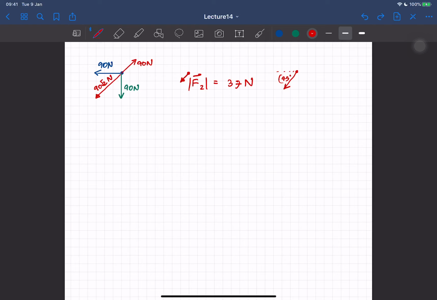You can answer it this way, or you can answer it in components. You can say it's minus 37 sine 45 degrees in the j direction, and minus 37 cosine 45 degrees in the i direction.